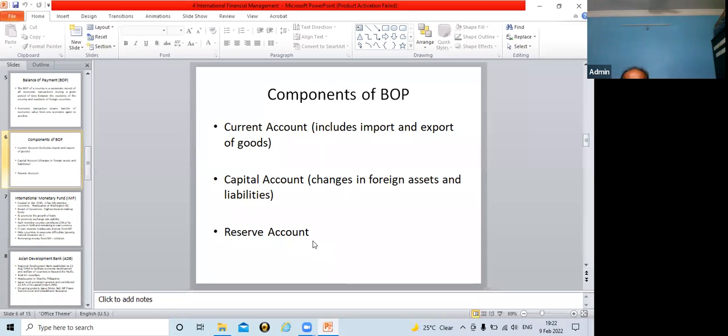If you observe 1991-92, you will see that there was a large deficit BOP.